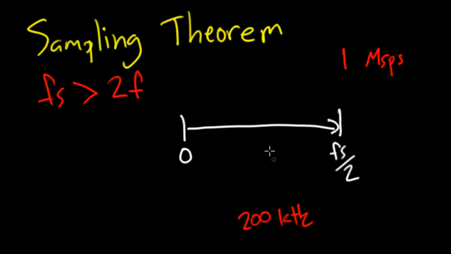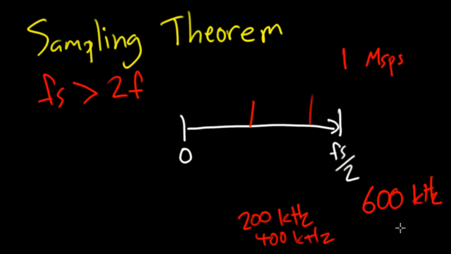That's going to show up just a little bit to the left of center here on your frequency domain plot. And if you increase the frequency to say 400 kilohertz, then that's going to show up over here. But if you increase the frequency of interest to 600 kilohertz, well, that's off the right-hand side of the plot.